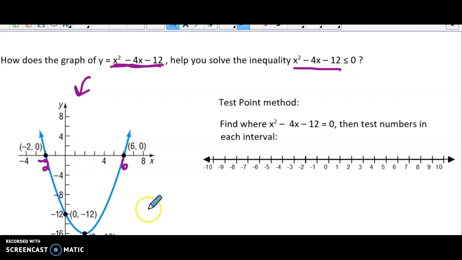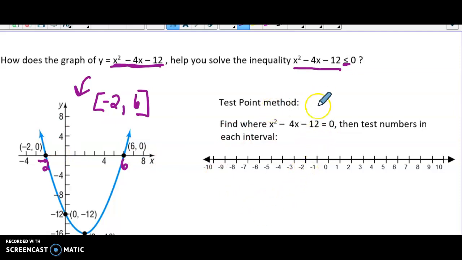In between negative 2 and 6 is what I would say. I'll include negative 2 and 6 since it says less than or equal to 0. I'm looking at the graph and I can answer this question.